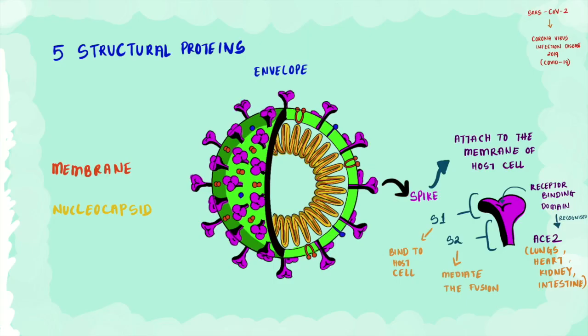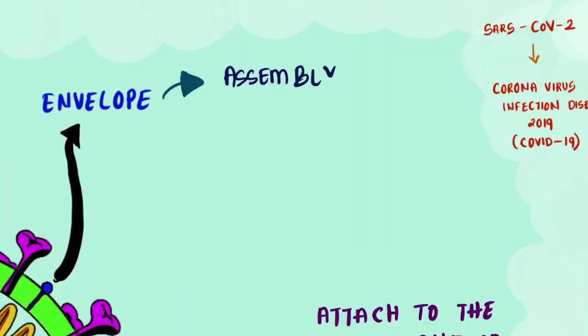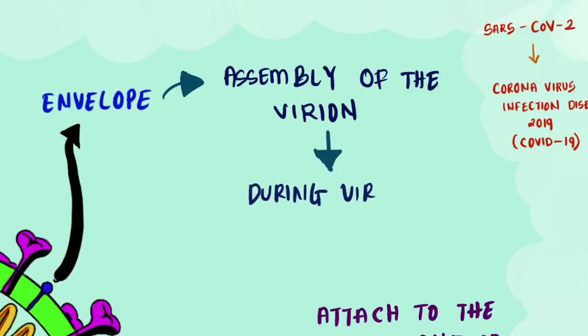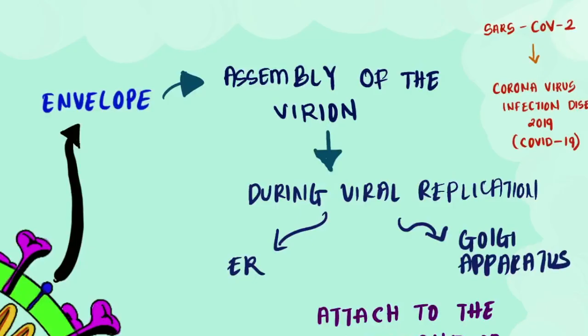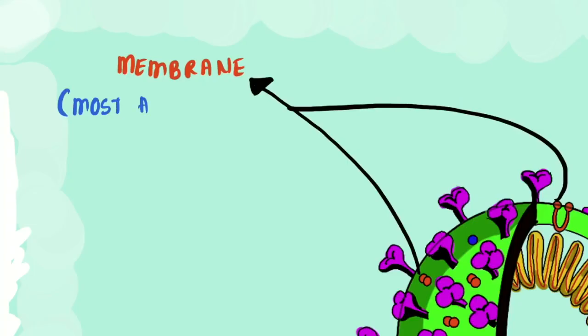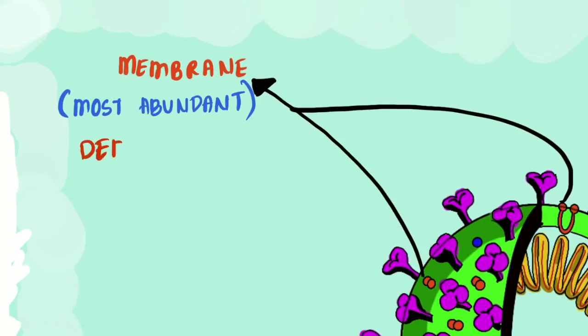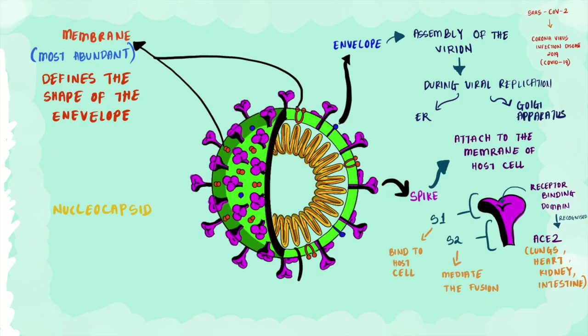E protein represented by the blue color is important for the assembly of the virion to become a mature virion. So it works during the viral replication mostly in the endoplasmic reticulum and Golgi apparatus. M protein is the most abundant structural protein in this, therefore it defines the shape of the envelope of the virus. The next layer after the envelope is the capsid.